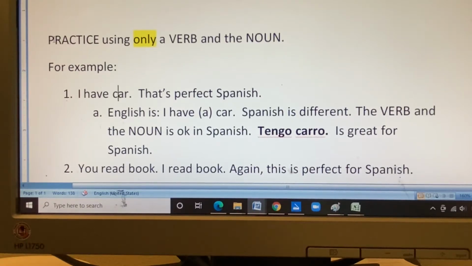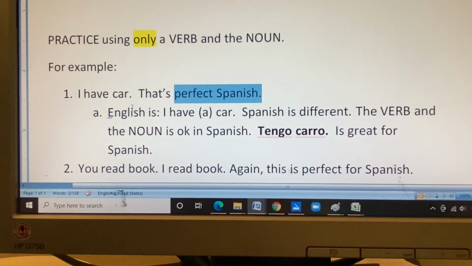Number 1. I have car. So I have car. That's not very good English, is it? I have car. But it's perfect Spanish to say I have car.